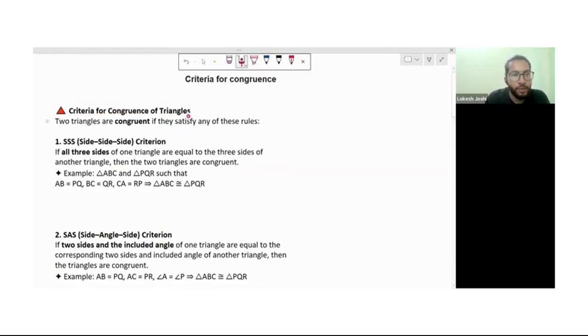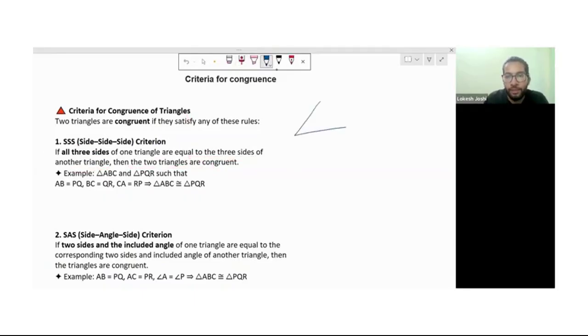It's written there: two triangles are congruent if they satisfy any of these rules. The first one is SSS, which means side criteria. If all three sides of one triangle are equal to three sides of another triangle, then the two triangles are congruent.